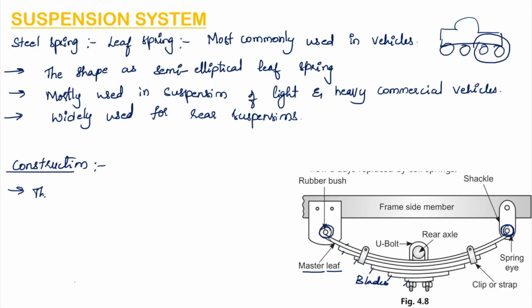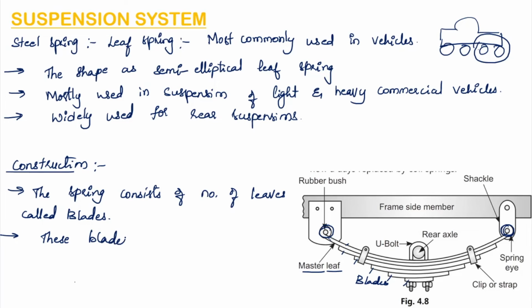So the spring consists of a number of leaves called blades. These blades vary in length. We can see that the length of the blades is changing. This is the longest blade, this is shorter than that, and this is shorter than that.